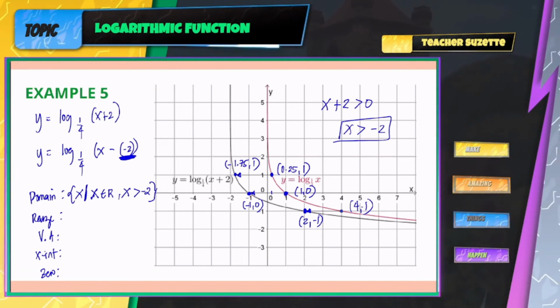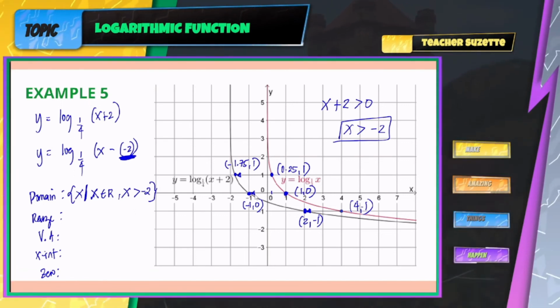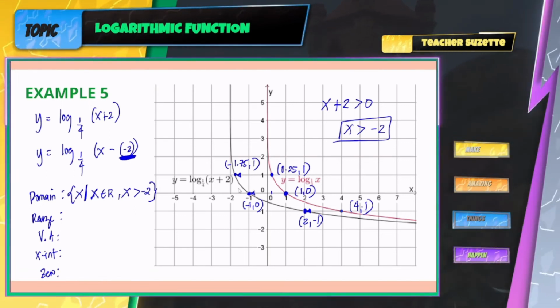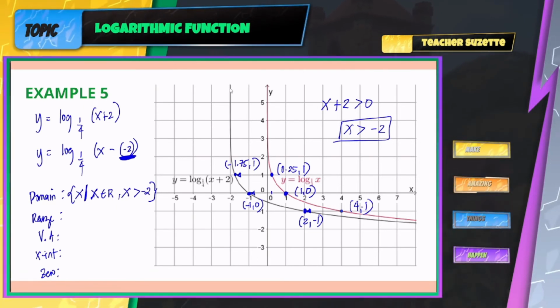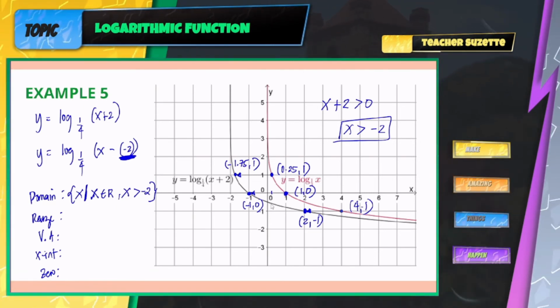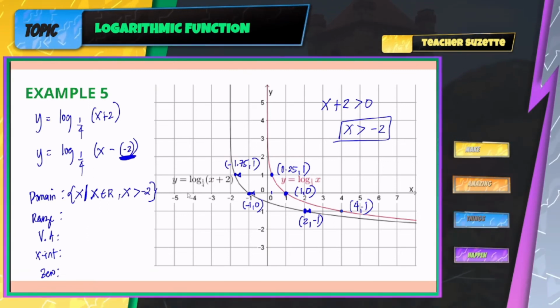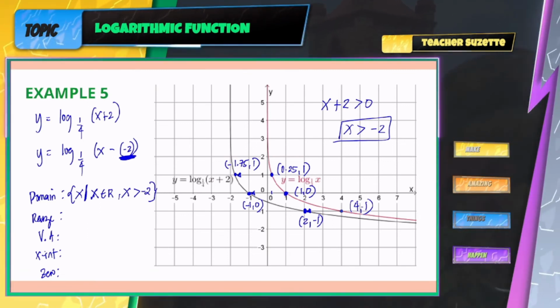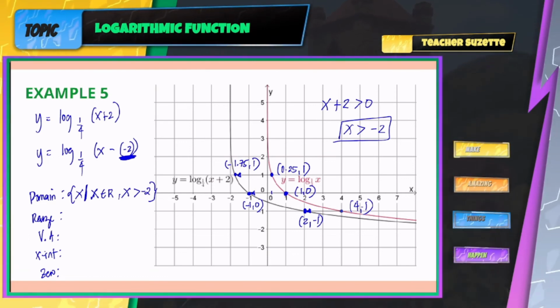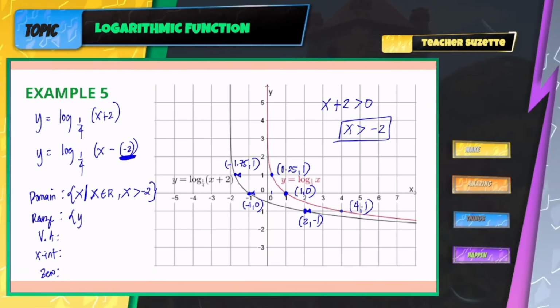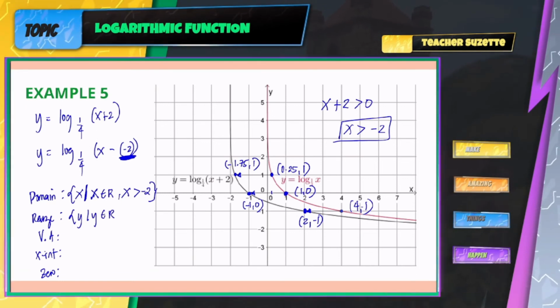So, ayan naman po, no? Upon checking our graph, obviously, the possible values of our x are greater than negative 2. So, for our range, ganun pa rin po. Our range is the set of real numbers.